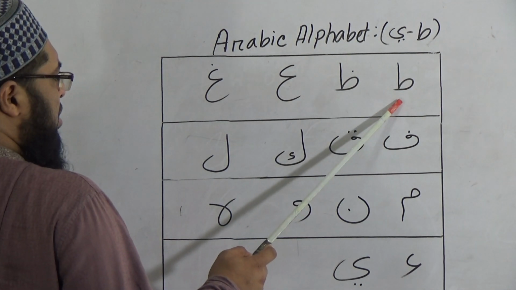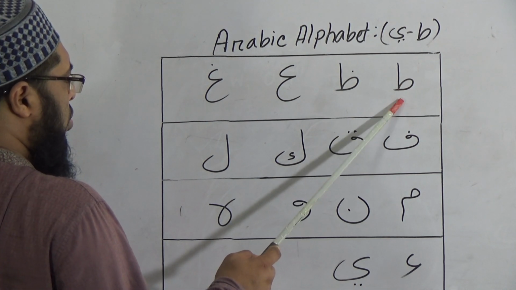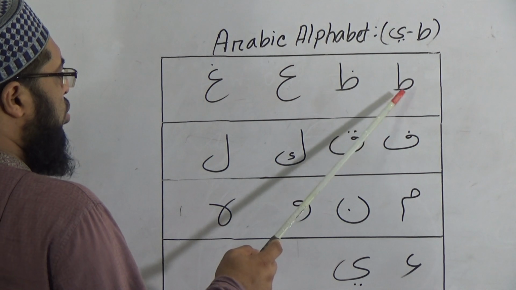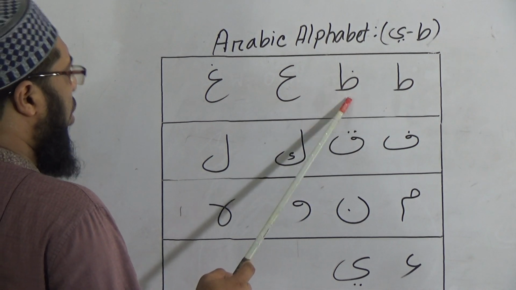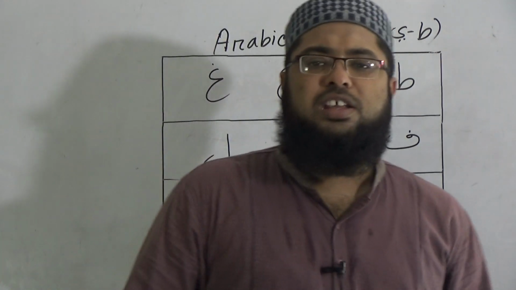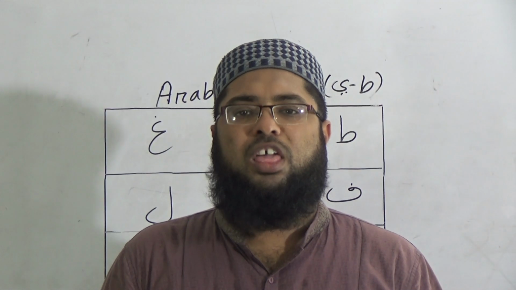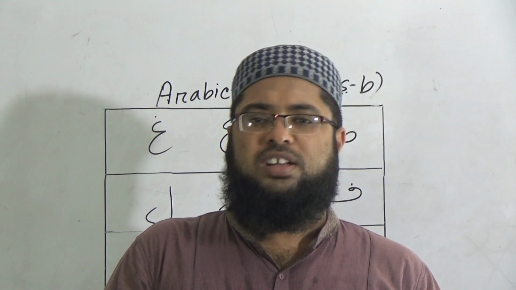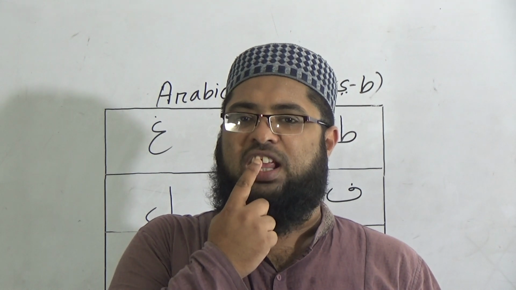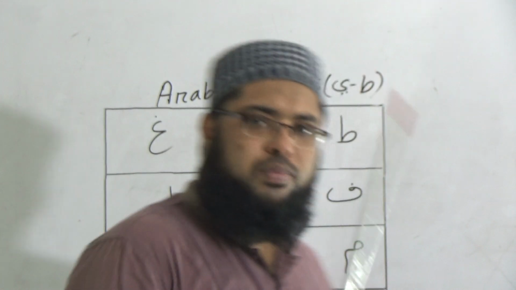This alphabet is called Tha, and you have to pronounce this one Tha, and this one is Va. You have to pronounce Va like that, Va. That means the front of the tongue will touch the upper two teeth, and you have to pronounce it very softly.